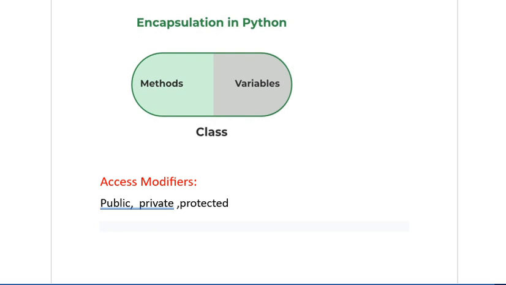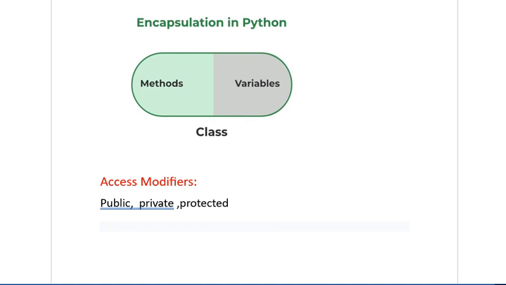Protected means we can use the variables and methods within the class, and also in the subclass, which is a derived class. The children of the class can also access them. If we declare a variable or method as protected, we can use it in another class if it is inherited from that class.